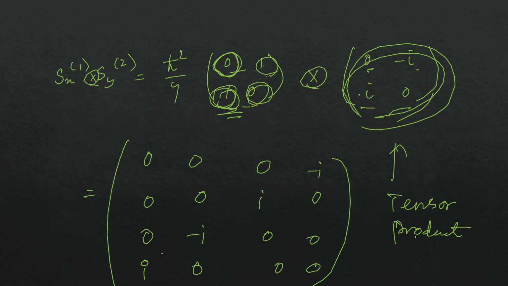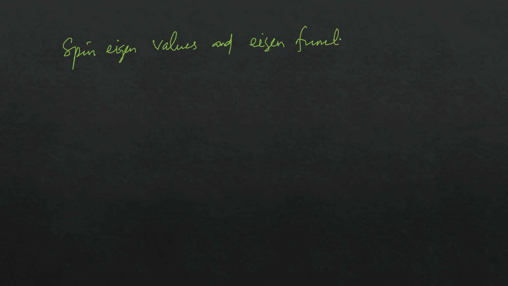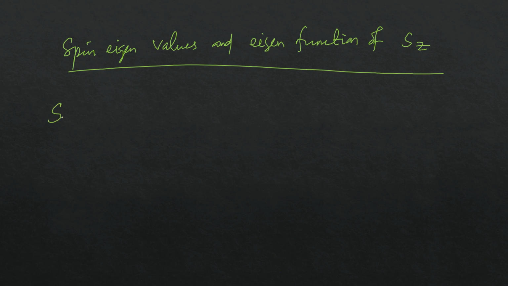Now we'll do spin eigenvalues and eigenfunctions of Sz. So Sz is equal to h cut by 2 times the matrix 1 0, 0 minus 1. We know it, right?